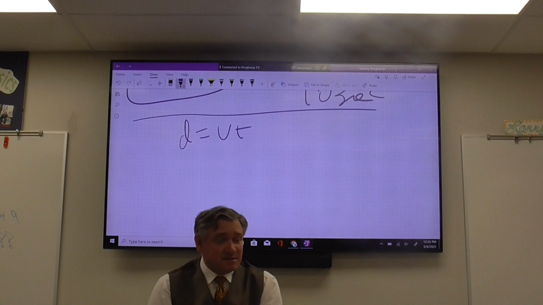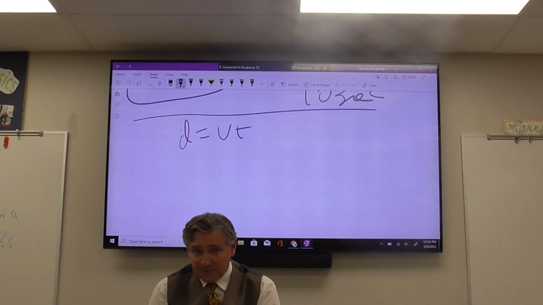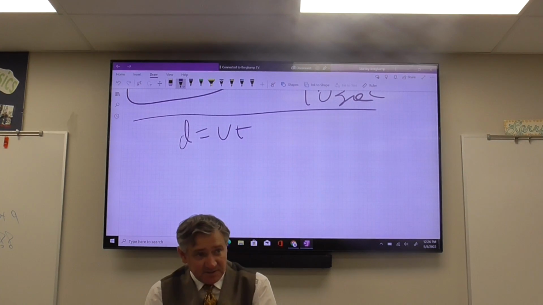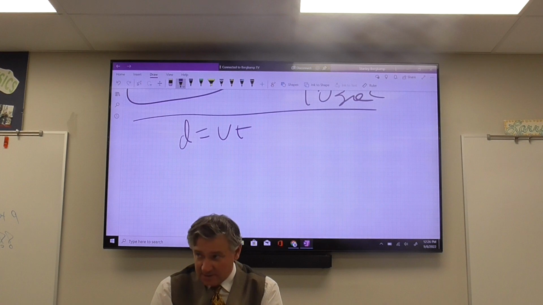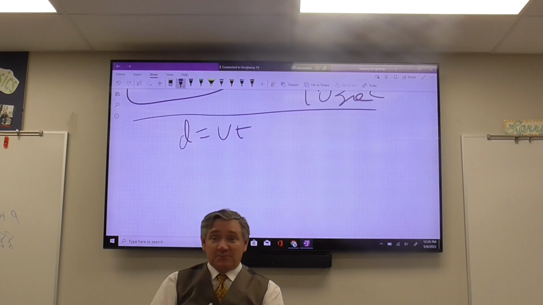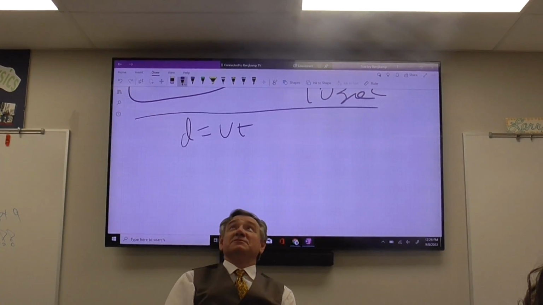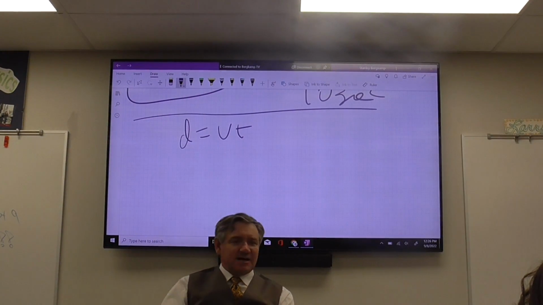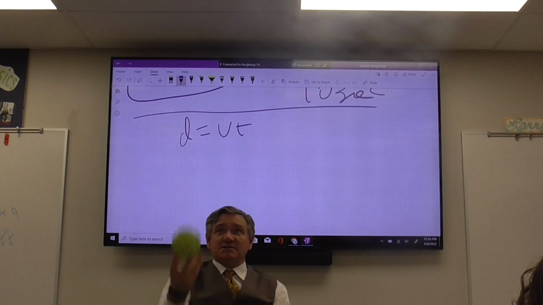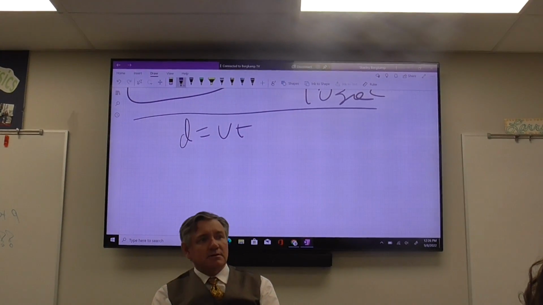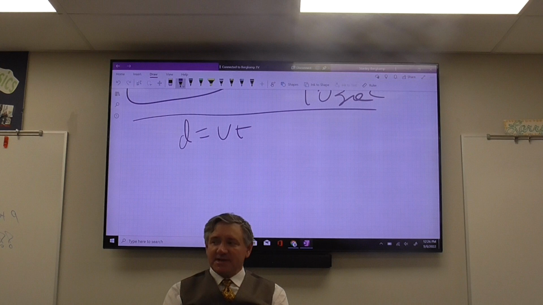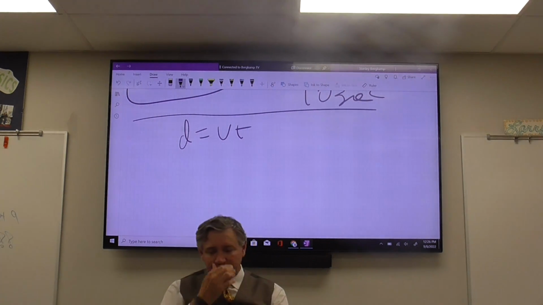Because as soon as it leaves my hand, what does it start to do? Slow down. Does it change direction? Yes. Pretty much. But it'd be really weird if it didn't, like through a hole in the ceiling. So yeah, it changes direction. So what do you know about your velocity? It is always changing, right? So I can't use distance equals velocity times time.